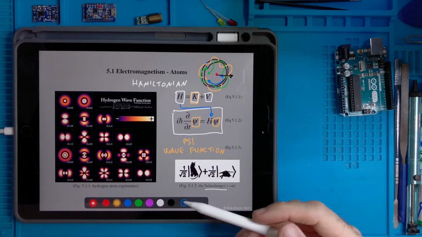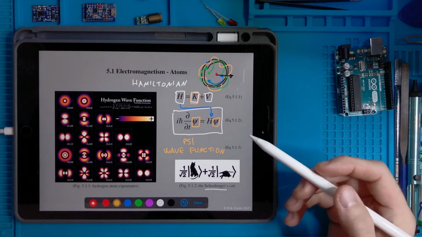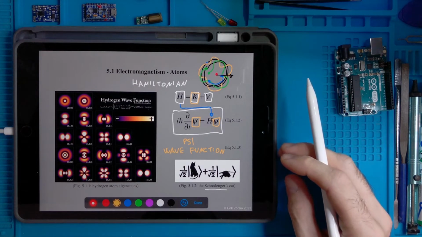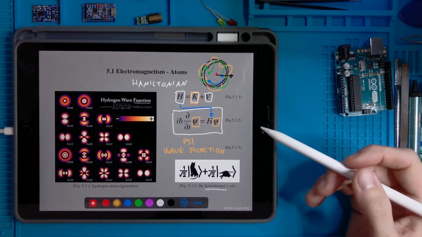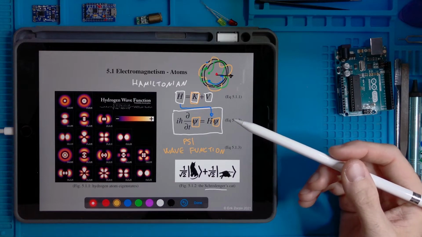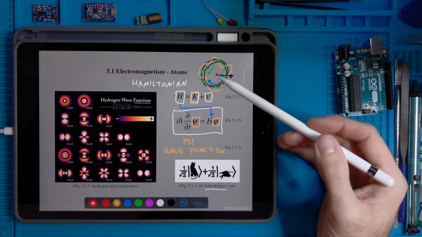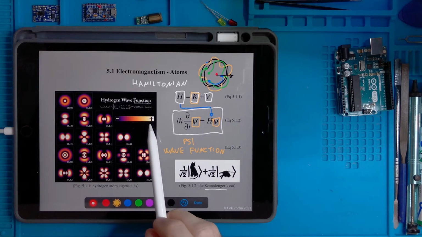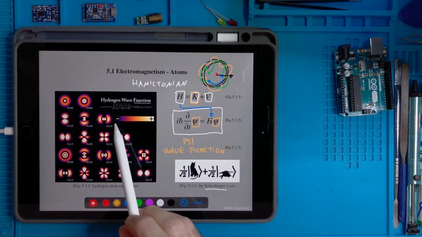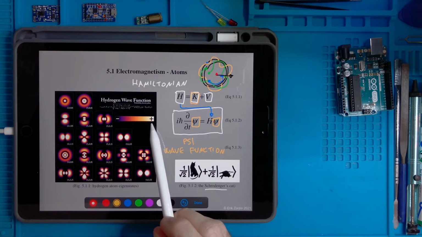And we don't see this in detail, but it is possible to associate the amplitude of these functions as the probability of finding an electron in a place around the nucleus. So here we have a color bar. Where the color is dark, the probability is very low. Where the color is bright, the probability of finding an electron is very high.